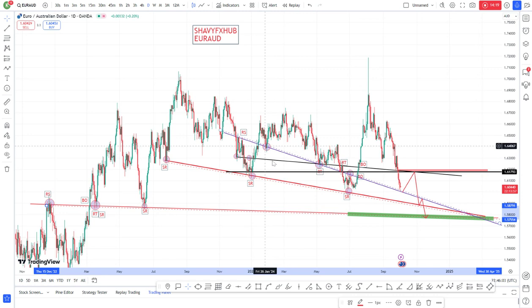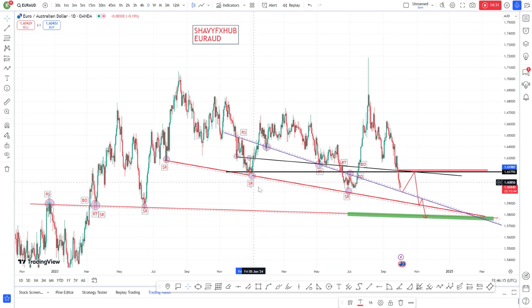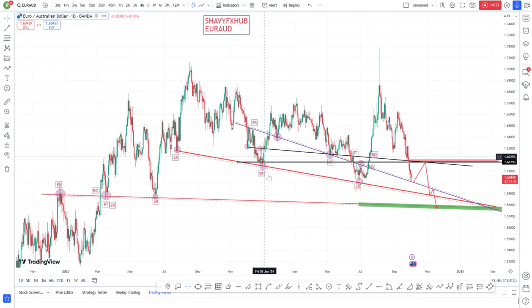We have here some support after price tested, created resistance on two different locations, a break of the resistance structure, and price returned at support. So it's normally represented as SR, support becomes resistance.